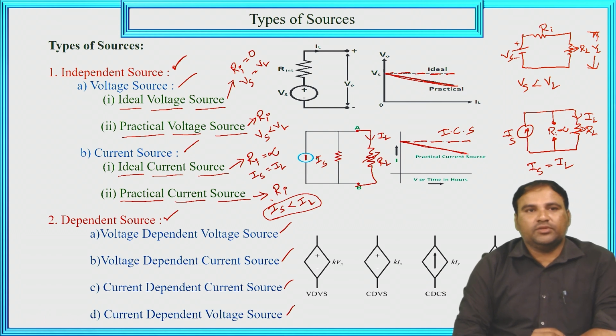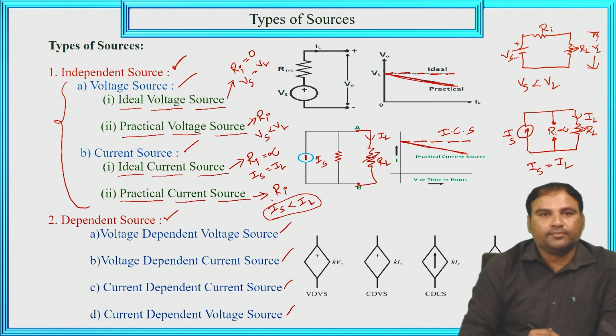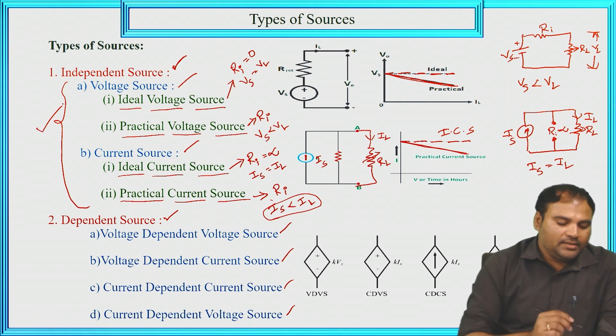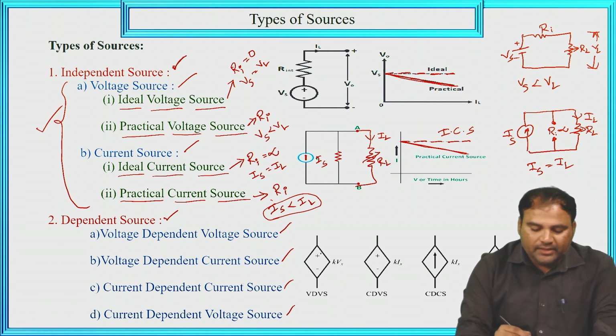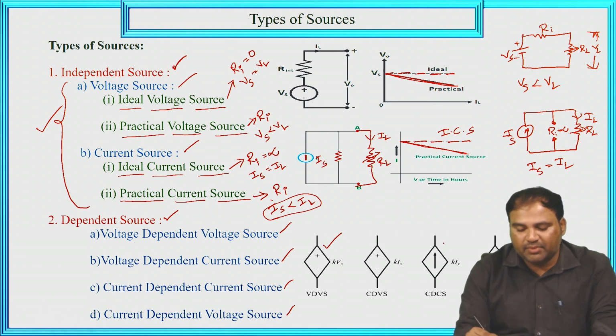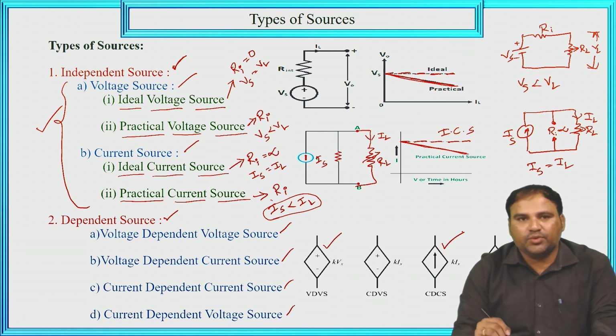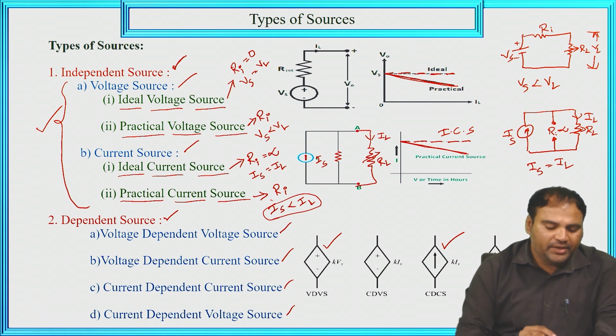Okay, so this is about independent sources. The second type is the dependent source. You can see here the symbol of the dependent voltage source and the symbol of the dependent current source. The dependent source is classified into a total of 4 types.